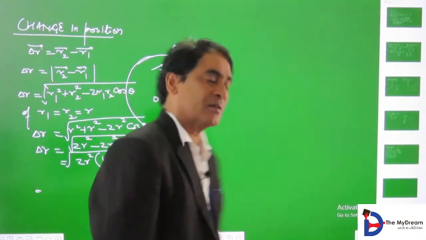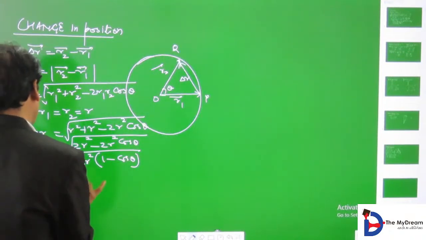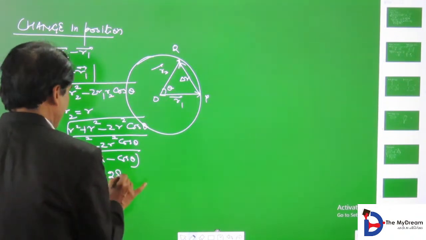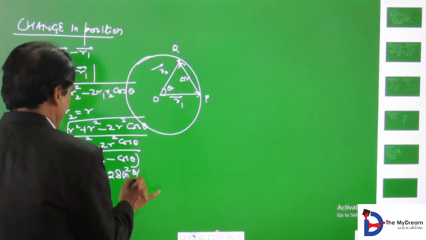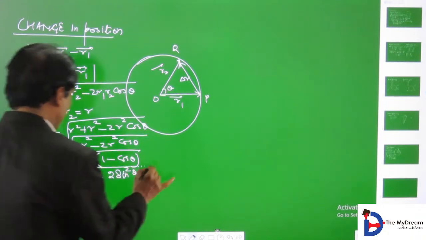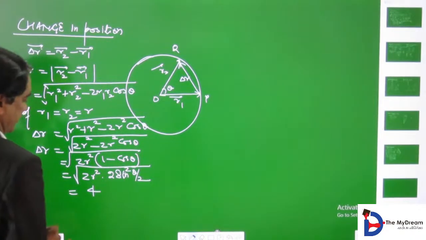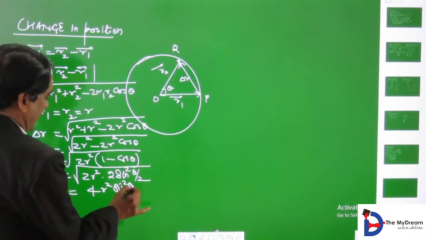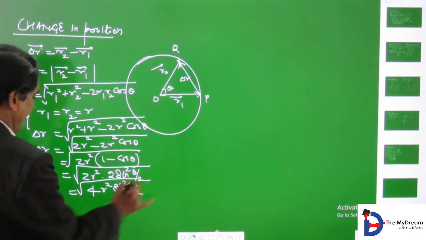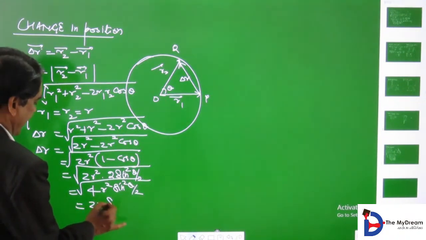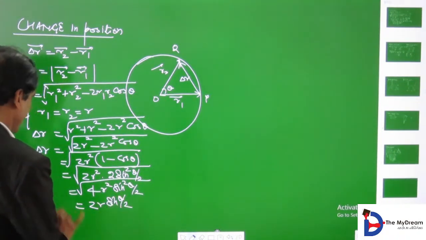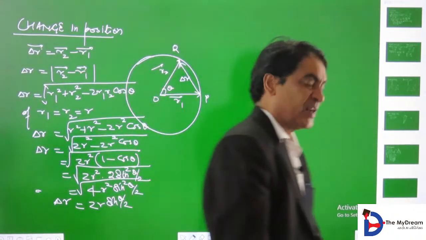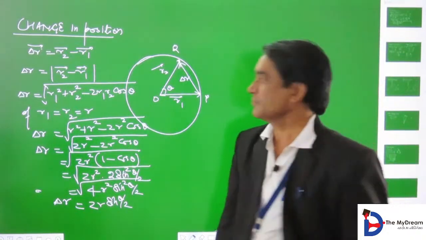So 1 minus cos theta can be written twice of sin square theta by 2, which is equal to 4 r square sin square theta by 2, and that is twice of r sin theta by 2. This is the change in position with respect to the position vector r.